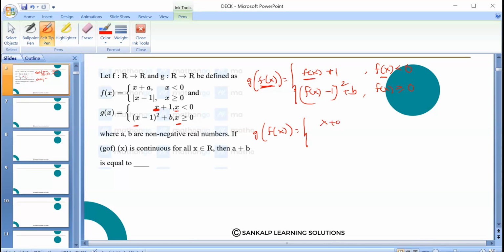We can take x plus a plus 1, provided we write x is less than 0. And if x is less than 0, x plus a is also less than 0. That's okay.